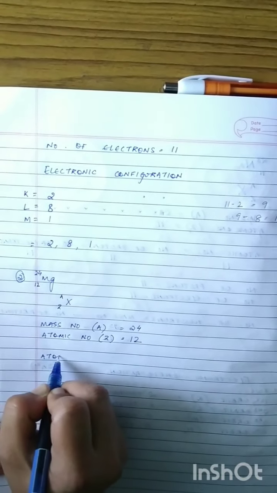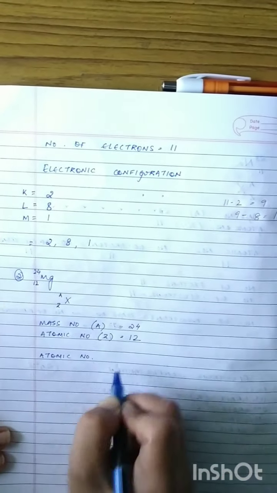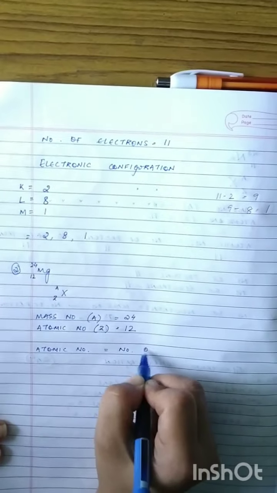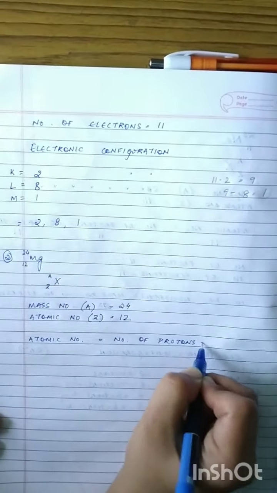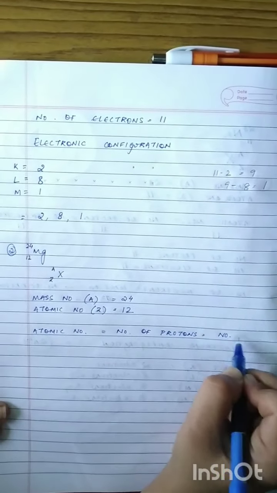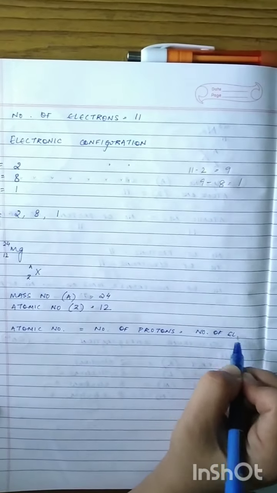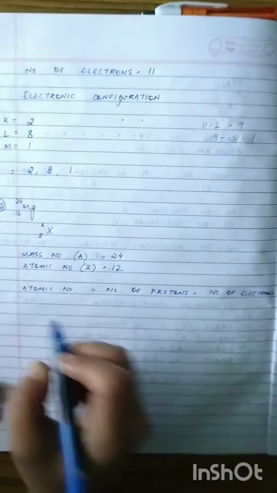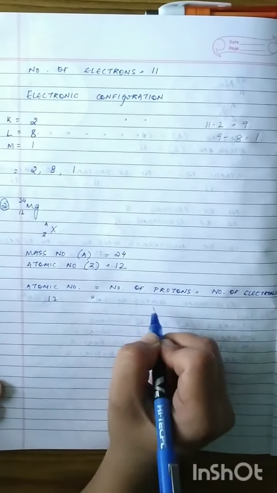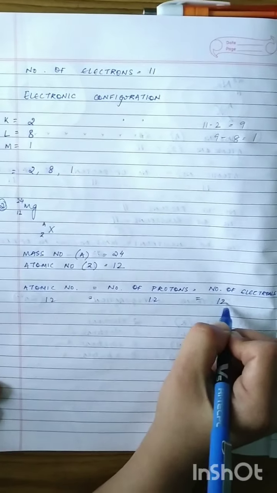We know atomic number equals number of protons, which is equal to the number of electrons. So this will become 12, 12, 12.